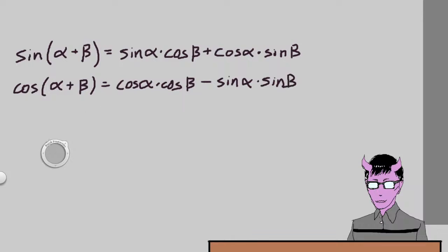And then we have the funky one, tangent. And this is honestly the worst one. So we have tangent of alpha plus beta yet again as the argument.